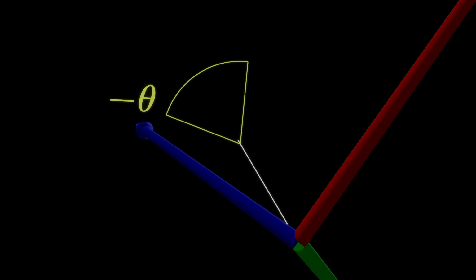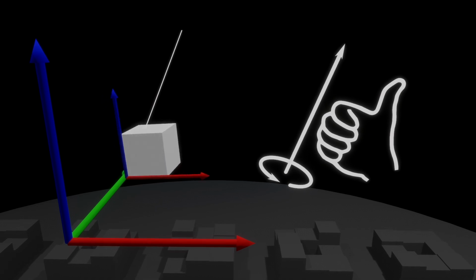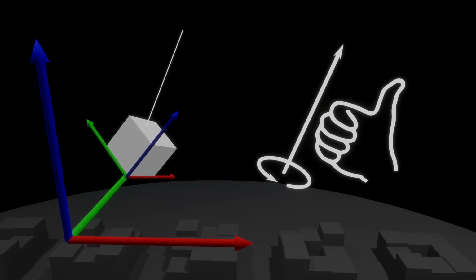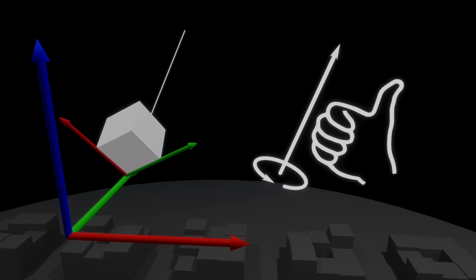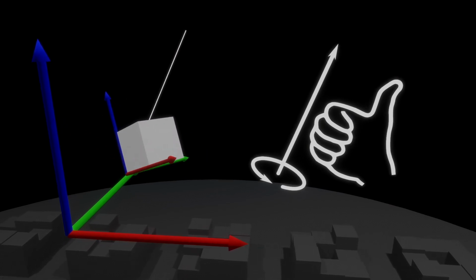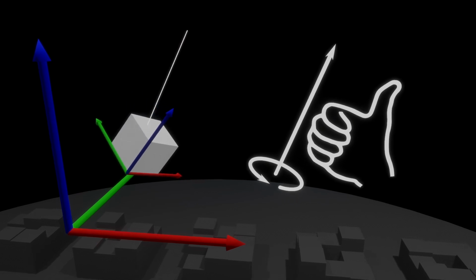You can also use the right-hand rule to find what direction of rotation is positive. Take your right hand and give a thumbs up to the vector and also to this video. If you point with your thumb in the same direction as the vector goes, your folded fingers will show you the direction of positive rotation. This is a general agreement that is used everywhere in math and science.